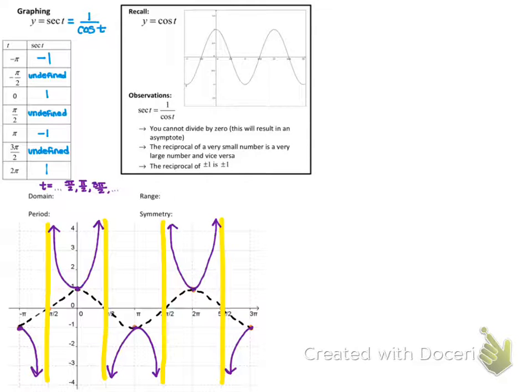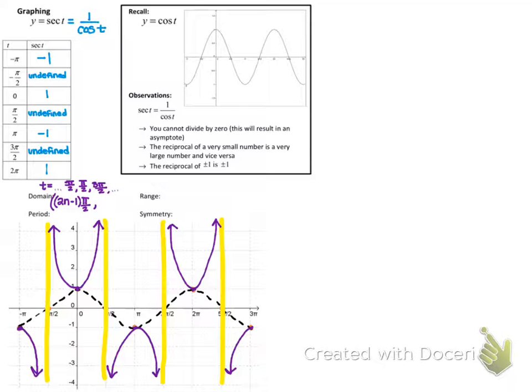So we say the domain is 2 times an integer n minus 1, and we take this and multiply it by pi over 2. What that just did was create an odd numerator over 2, basically. So that's my domain.